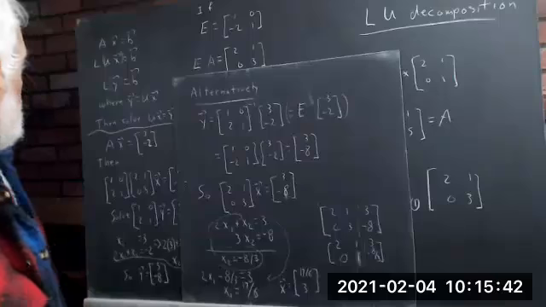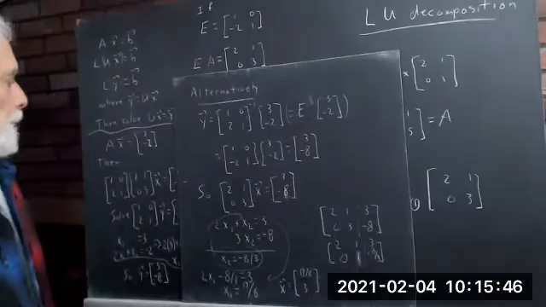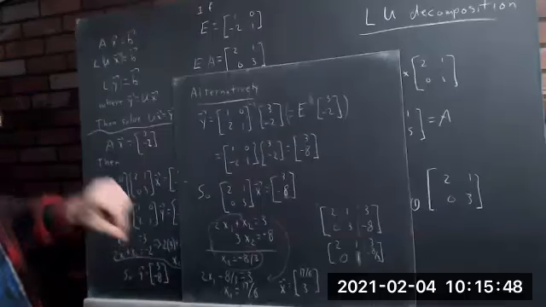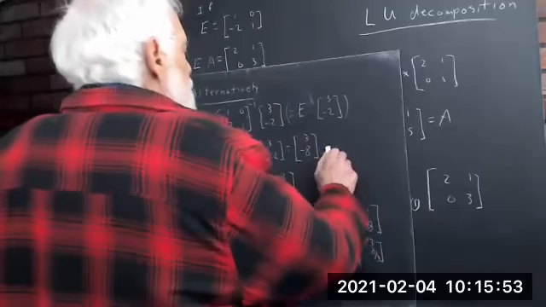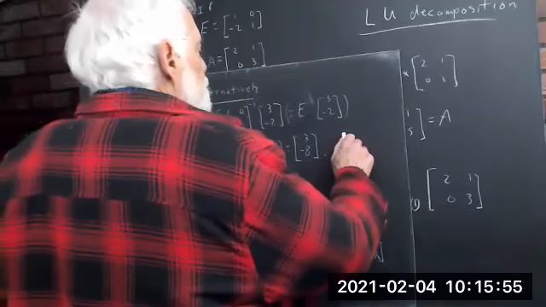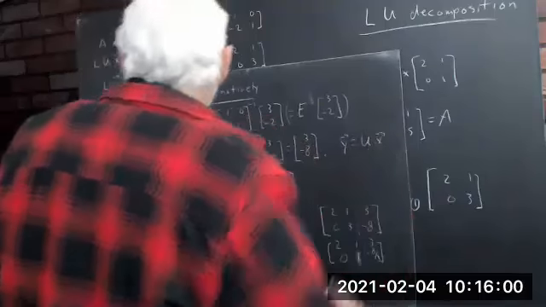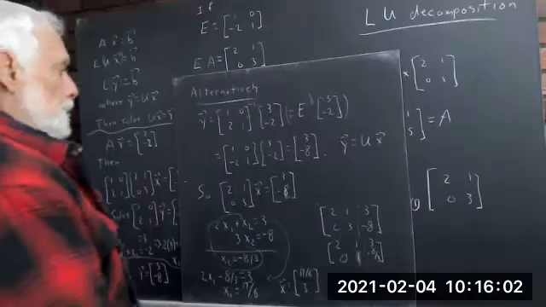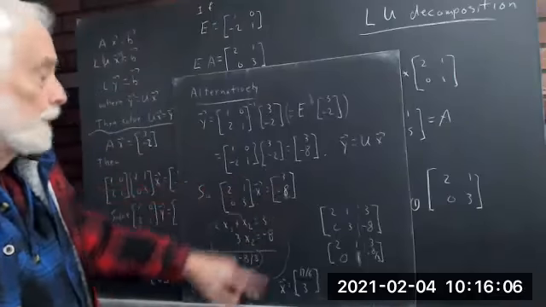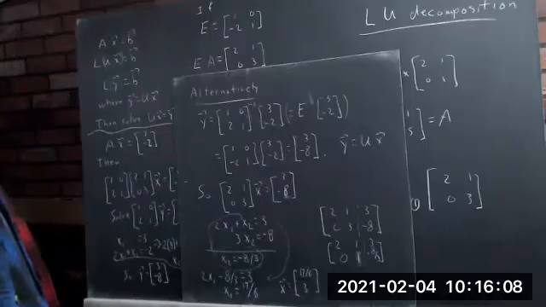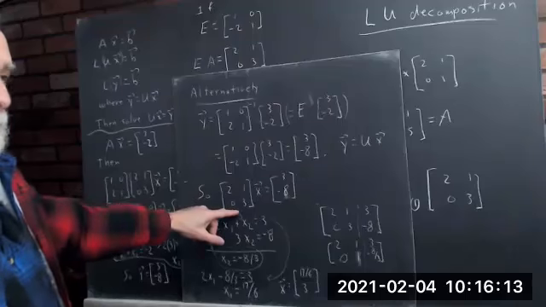Remember, y, again, is our UX matrix. Okay, so there's our y matrix. I'll remind us that y is UX in this scheme. So that UX equals 3, -8. U is the upper triangular matrix, 2, 1, 0, 3.